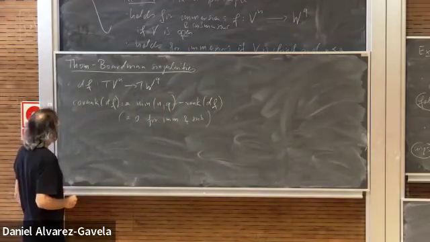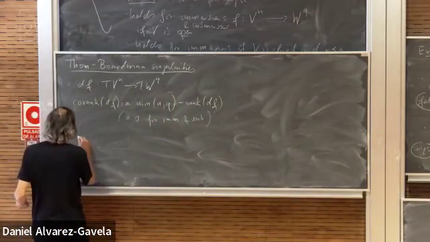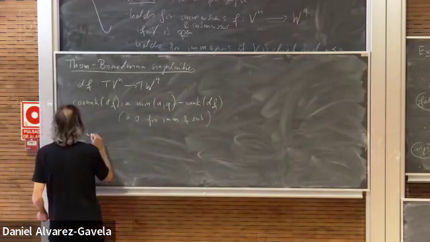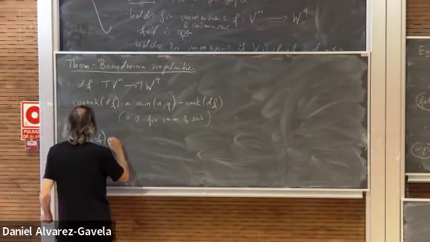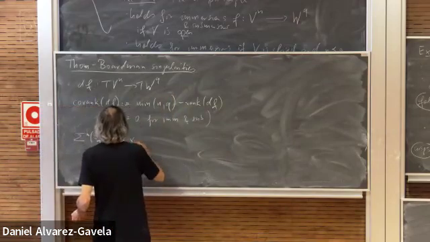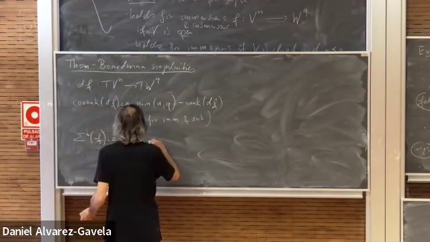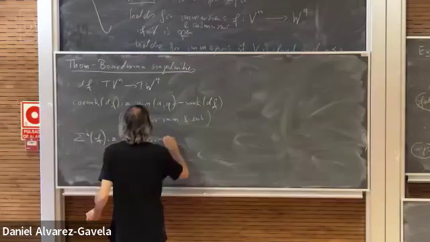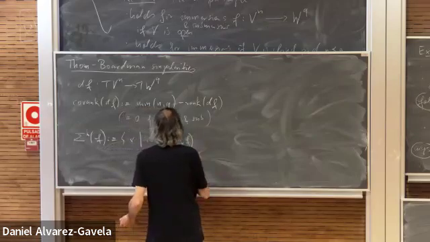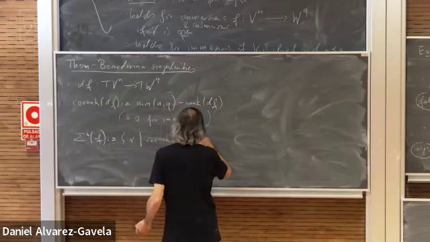So then let's define sigma k of f, those points v, say in V, such that the co-rank of the differential of f at v is equal to k.